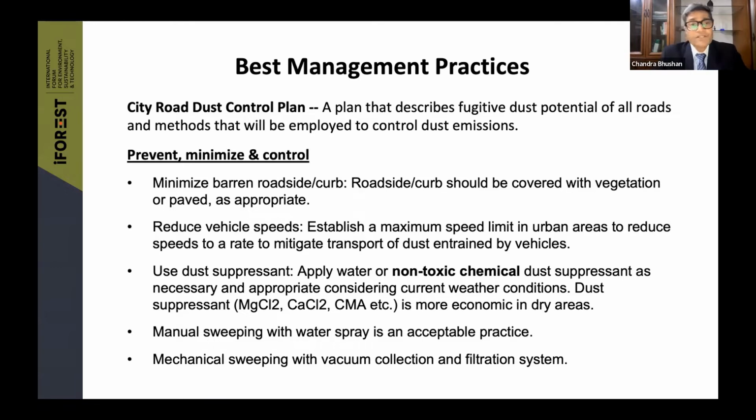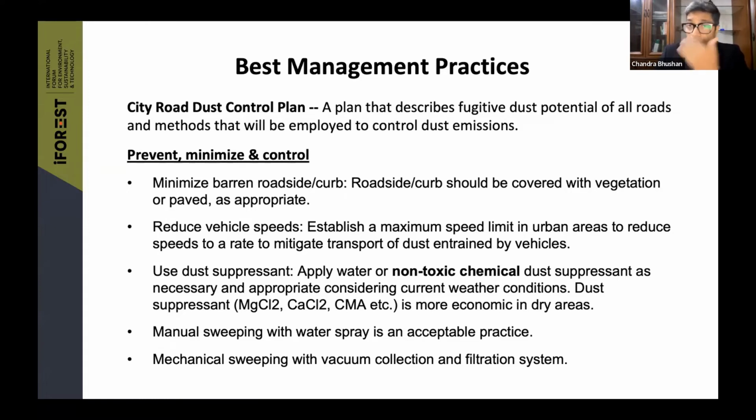Like site preparation, we will have to minimize barren roadside and curb area. You will see in our cities that you have paved road, but as far as curb is concerned, it is left barren. There's no vegetation even. So roadside curbs should be either covered with vegetation. You can have a grass cover, you can have trees and grass, or it has to be paved.